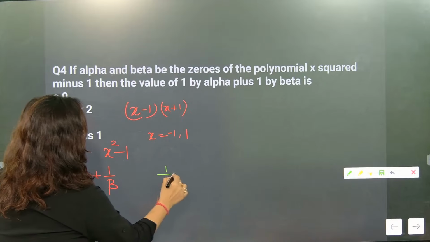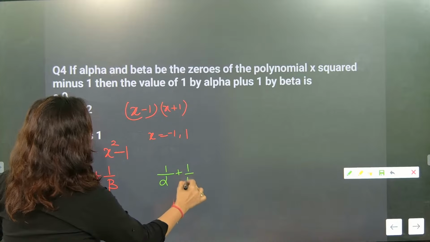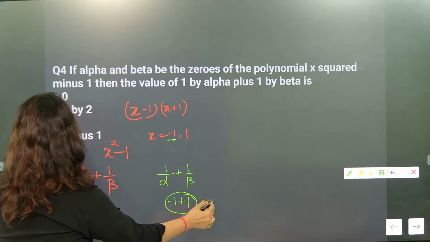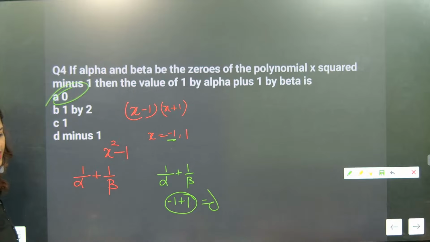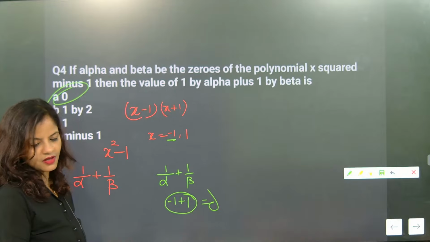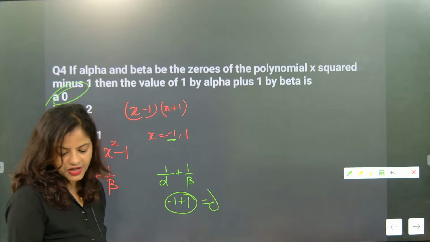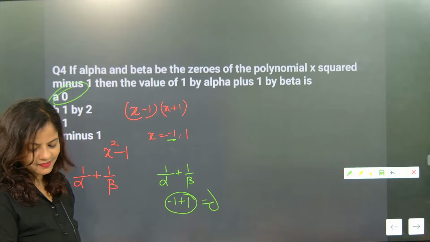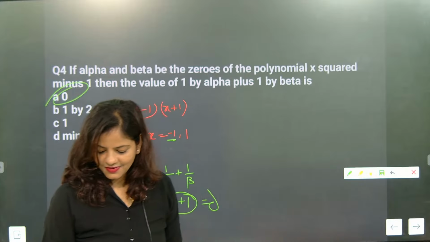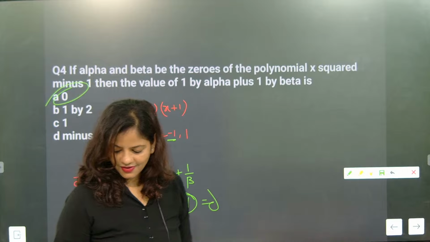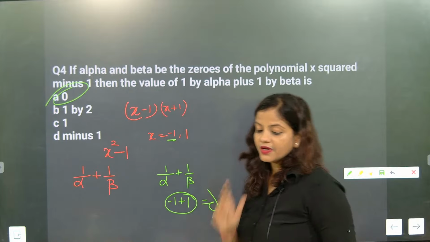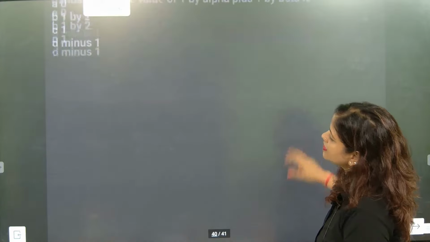So they're telling 1 by alpha plus 1 by beta. So if alpha is equal to minus 1, then minus 1 plus 1 equal to 0. So the answer will be coming as A. Yes, absolutely correct. We will be going for the next one.